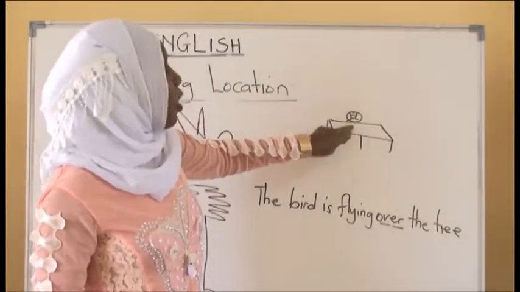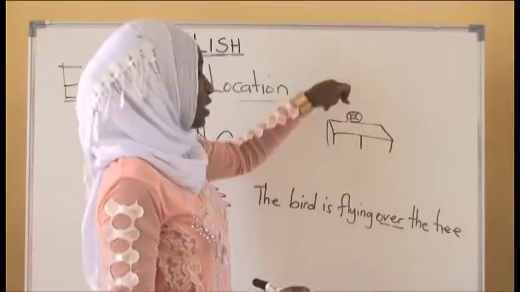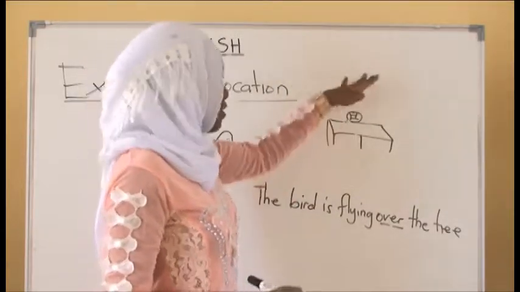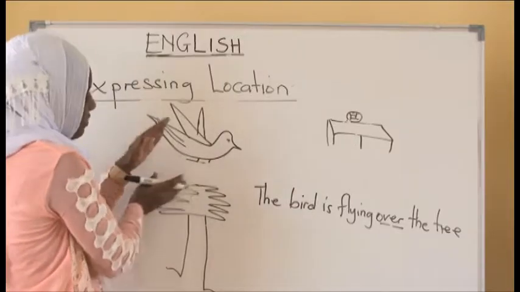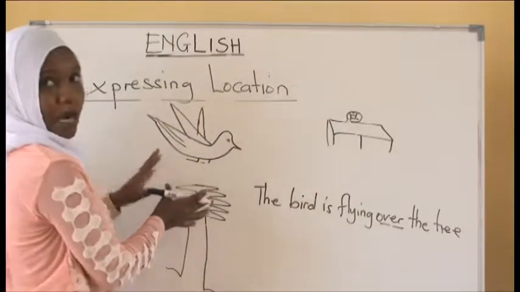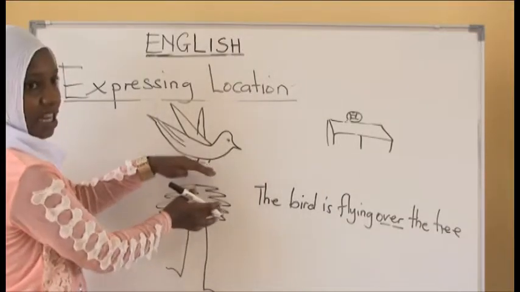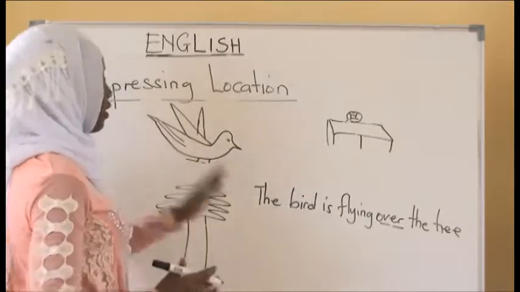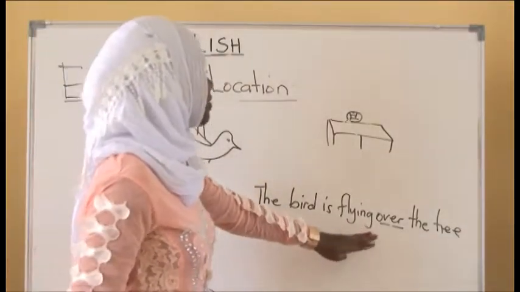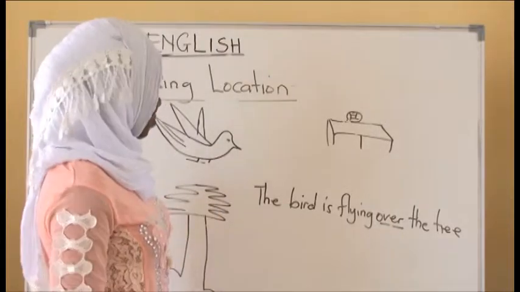This ball here is on the table. It has touched the table here directly, so it is on. You can't use the word over. And as you can see this bird here is flying over the tree, but it has not touched the tree. So the correct preposition here to use in expressing the position of the bird, you will say over. So the bird is flying over the tree and not on.